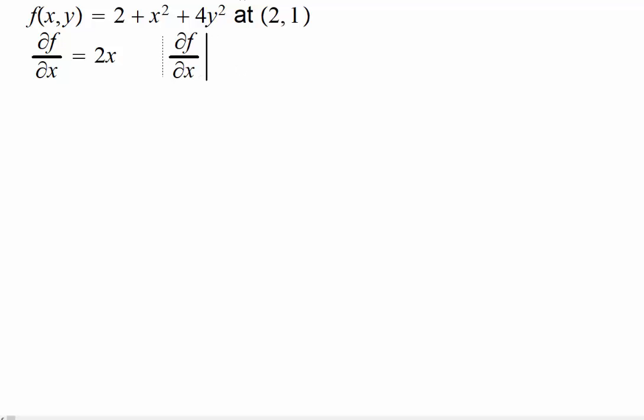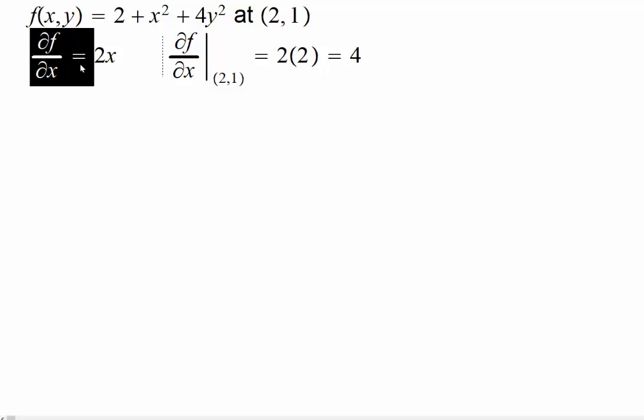Okay, so this is 2 times 2 because x equals 2, that is 4. And if I calculate my df dy, again, I'm just doing it mechanically, not from the basic definition, that becomes 8y.